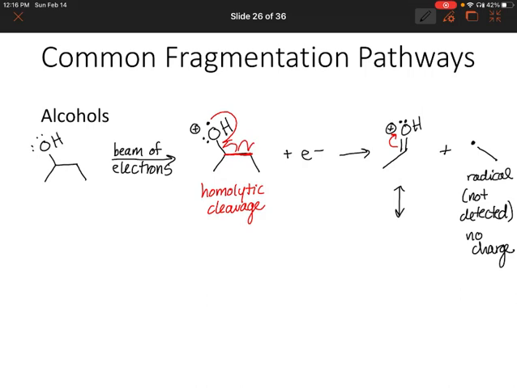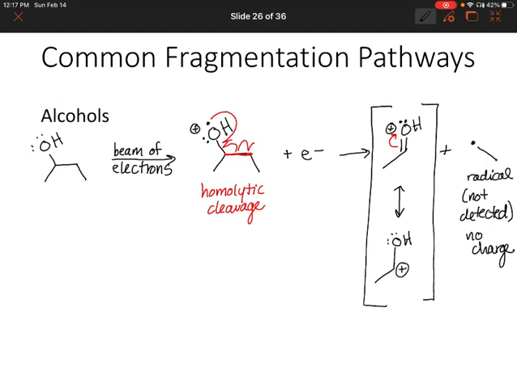So we can share that positive charge with the carbon below. Now, this is a common fragmentation pathway because the radical loss results in a resonance stabilized cation. So it's super stable.